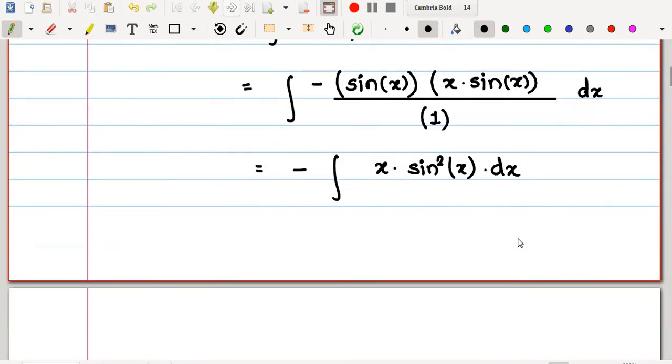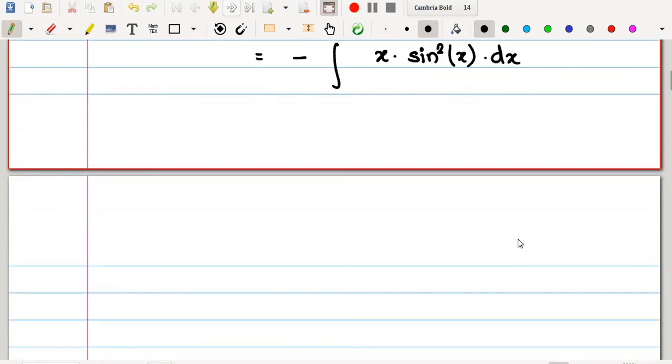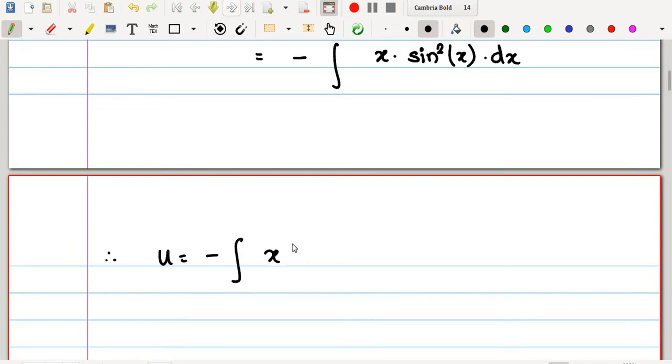Now to simplify this integral, therefore u is equal to minus integral of x into, so we substitute sin squared x is equal to 1 minus cos squared x. Again that cos squared will create a little problem while simplifying. So instead of that formula, we use sin squared x is equal to (1 minus cos 2x) upon 2.